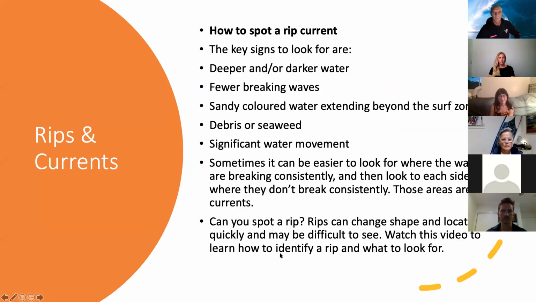So, how to spot a rip: deeper or darker water. You can look at the ocean, and what I was talking about before is that the whole ocean is a particular distinctive color. With the rips and how they move out to sea, usually the sand is stirred up from the bottom, like a bit of a whirlpool.